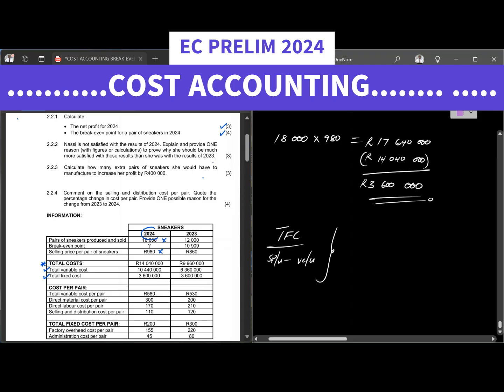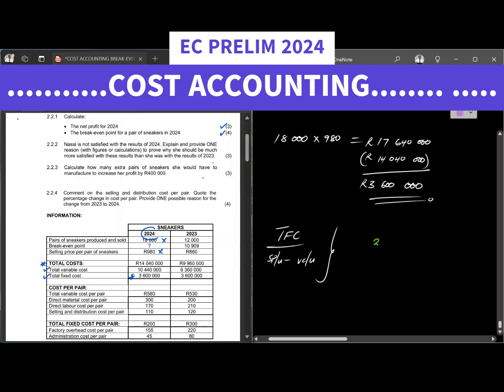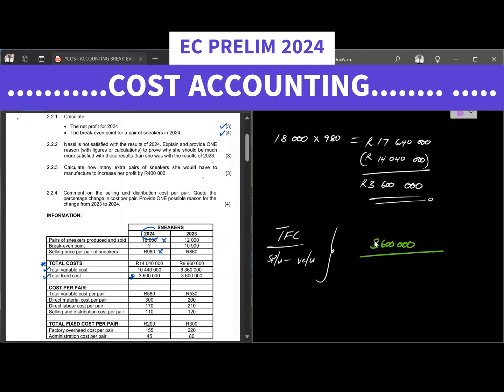So we're going to come here and we're going to say how much is our total fixed cost. Our total fixed cost is over here. That is my 3.6 million. All right, so I'm going to take my 3.6 million and then I'm going to divide this by the selling price per unit. The selling price per unit is your 980 minus the variable cost per unit. And my variable cost per unit is given here.